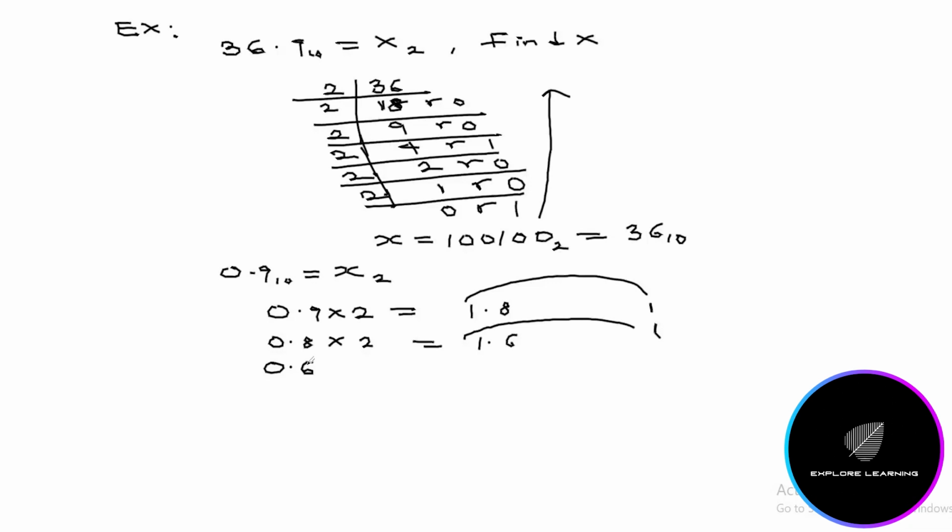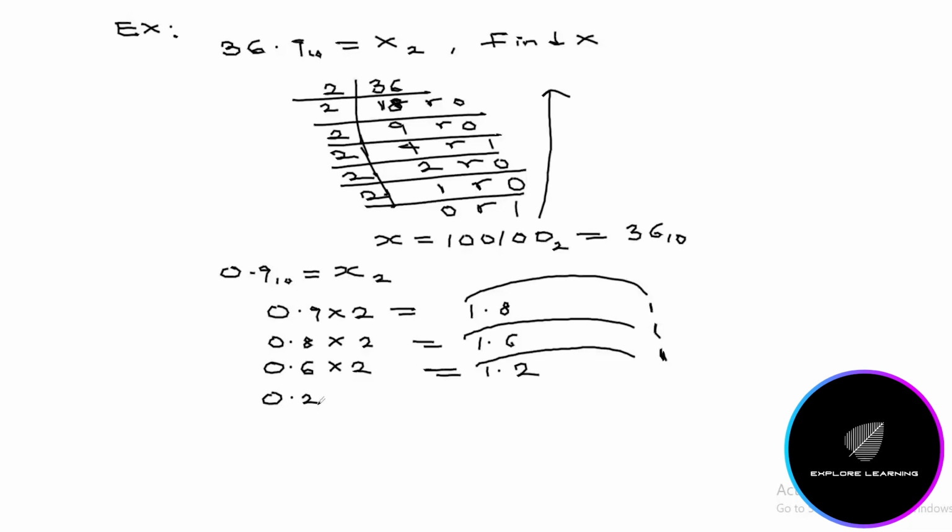So we say 0.6 multiplied by 2. So that will give us 1.2. Now the rule says keep the value before the decimal point, which is 1. All right, so to determine the value we're going to use for the next multiplication, we say 1.2 minus 1, we're going to have 0.2.